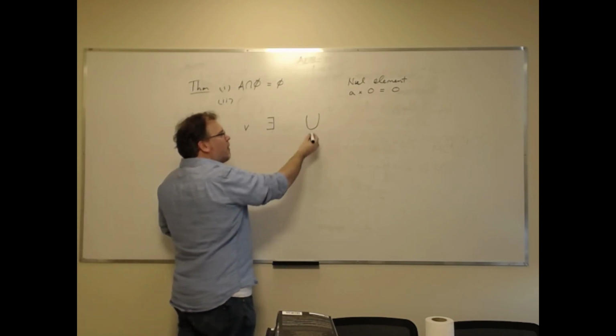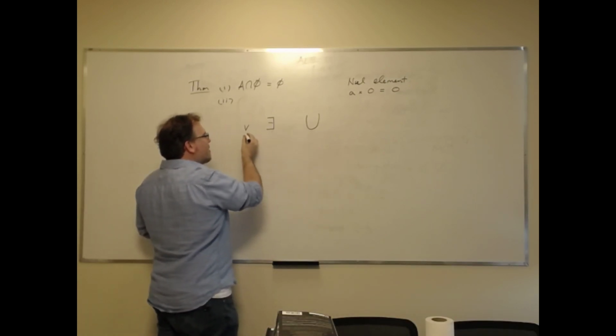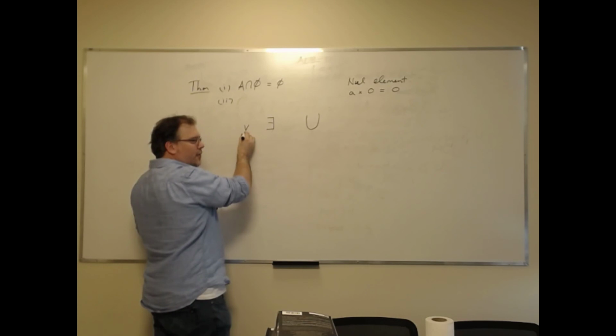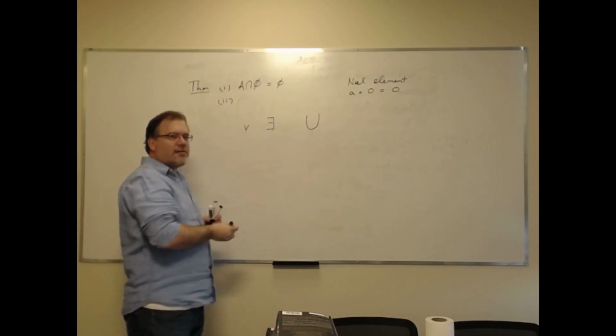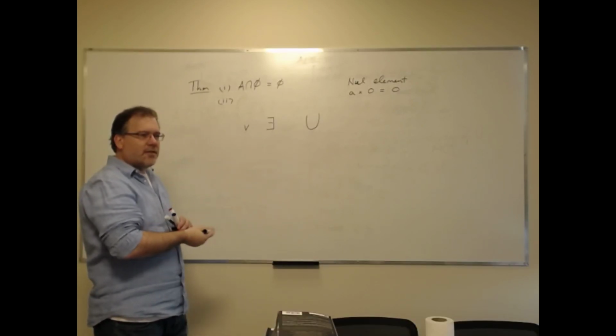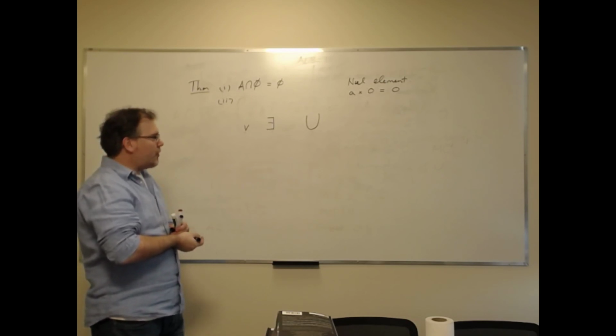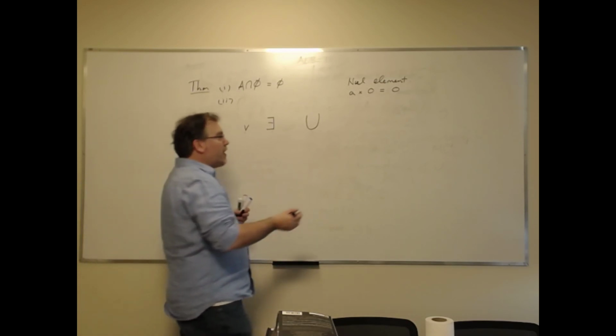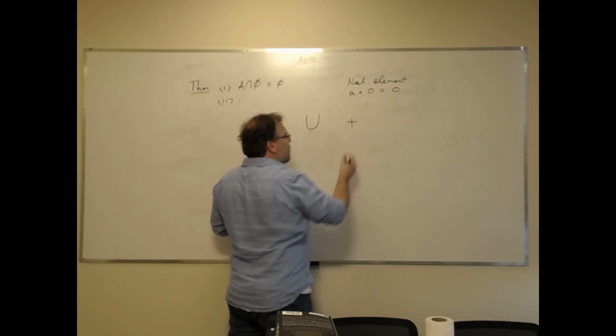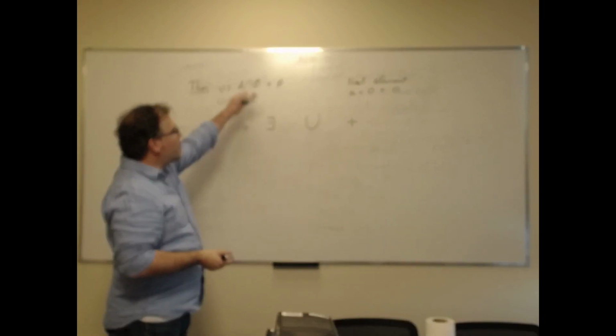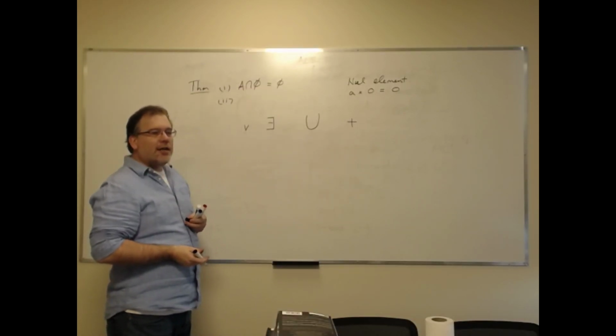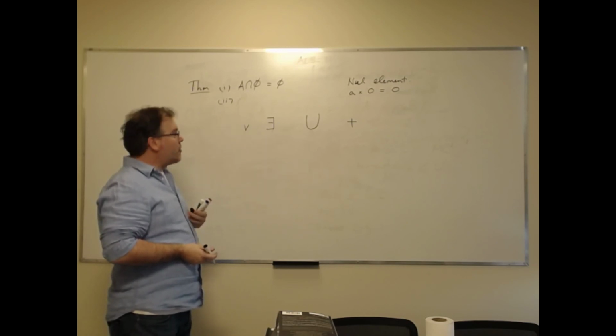And so if something is in the union, that means either it is in the first set of the collection, or it's in the second set, or it's in the third set, etc. But also, I mentioned that there was a connection with plus in terms of the property of the null element, and we could have looked at the other ones too.